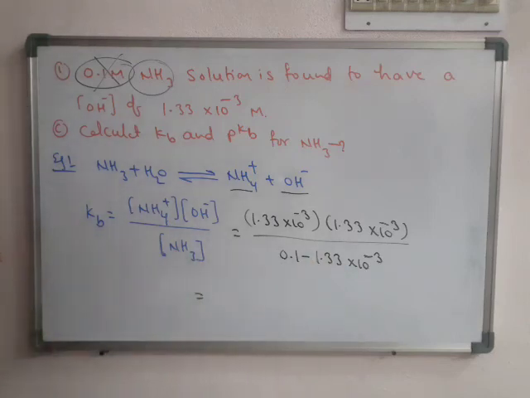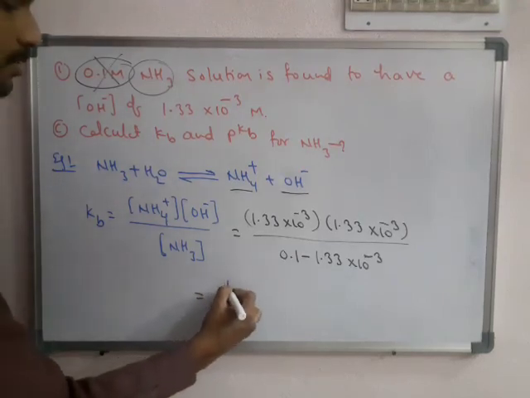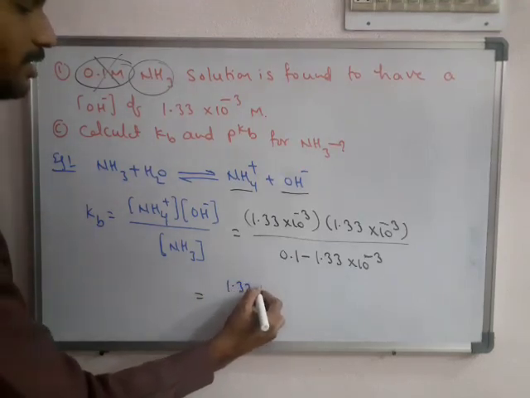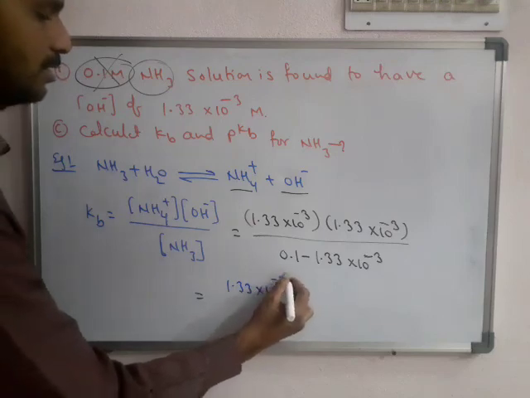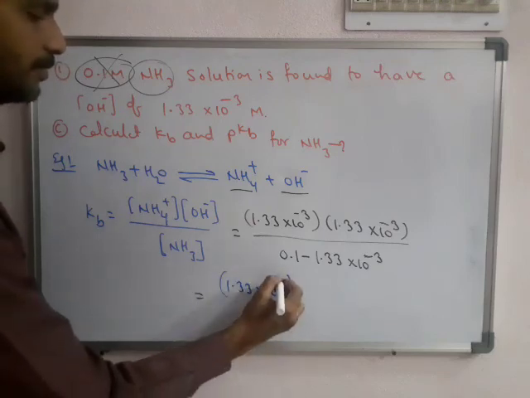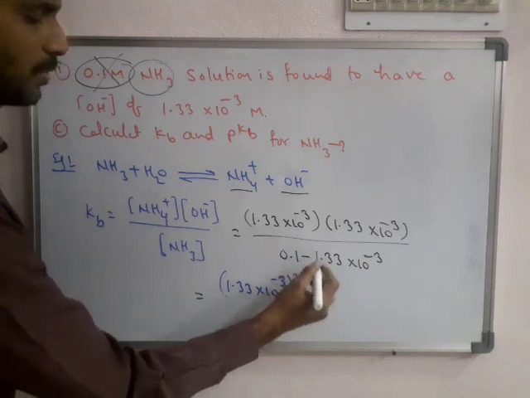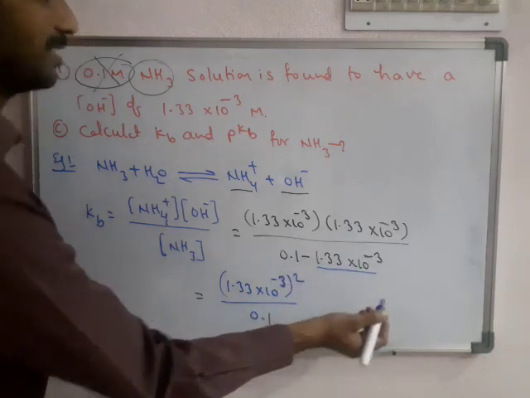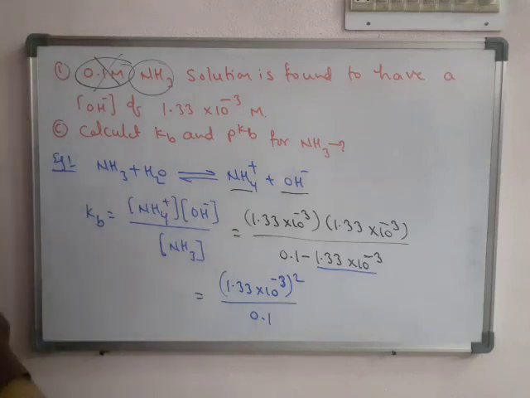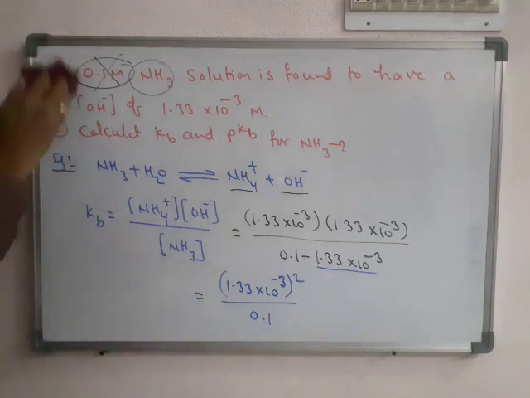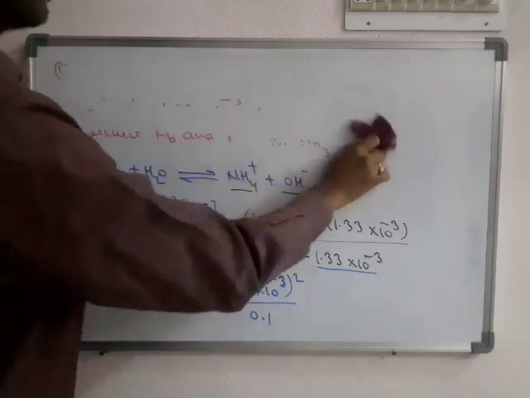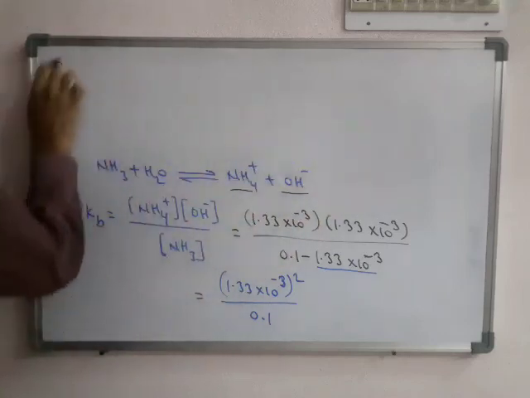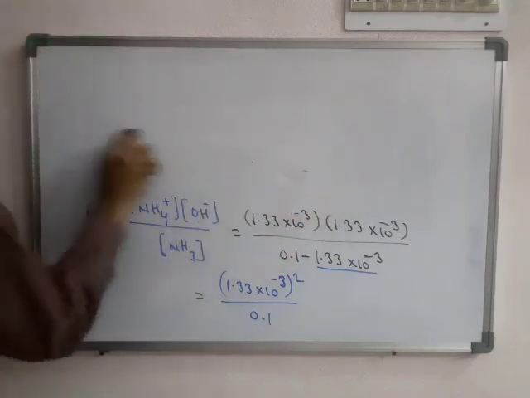So we can write 1.33 into 10 power minus 3 all squared by exactly 0.1, because this value can be neglected as it is very small. For simple calculation we neglected that value.